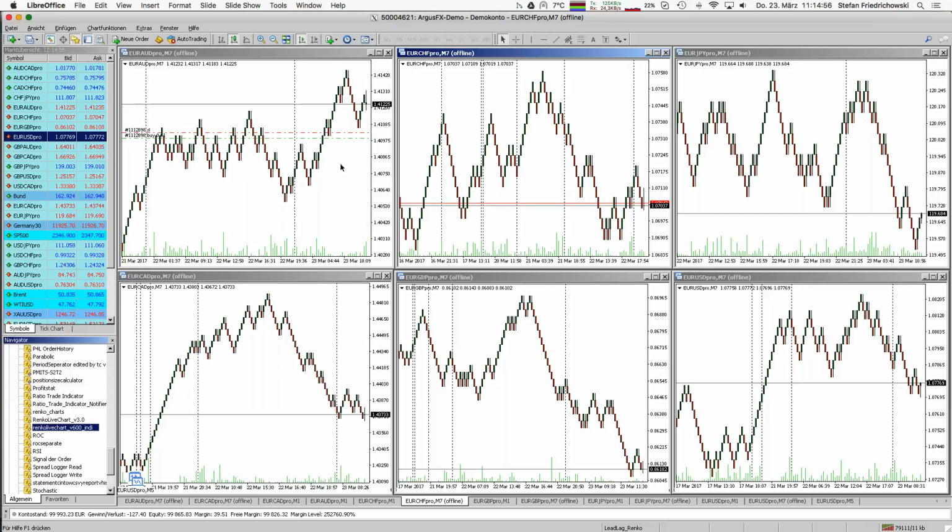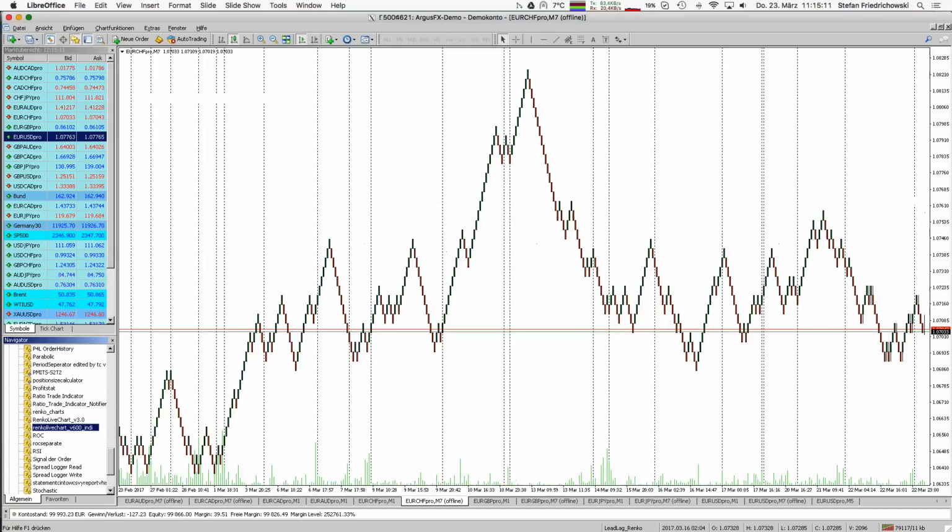Still, what I've used here is the same kind of methodology, that my box size is a fixed percentage of the price. So I see the percentage movement of an underlying. And once again, like I simply enlarge here Euro Swiss franc, and you see with one view that doing trades on Euro Swiss franc is not a good idea.